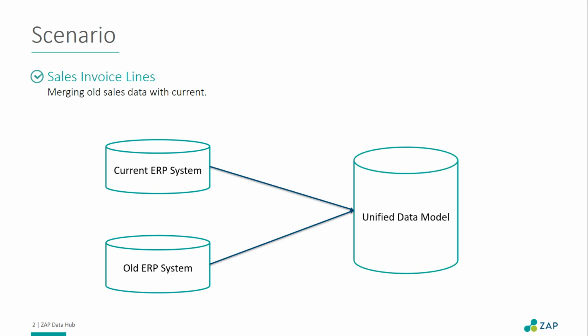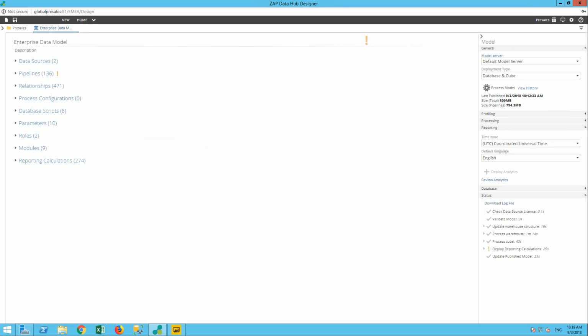Now, before we go into ZAP Data Hub, what we're going to do first is go on to the BI tool to see what reporting looks like with just the current ERP system. So what I'm going to do is I'm going to go into the Power BI section.